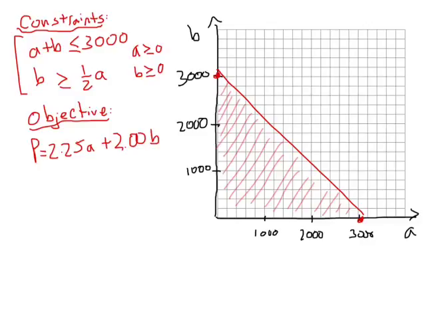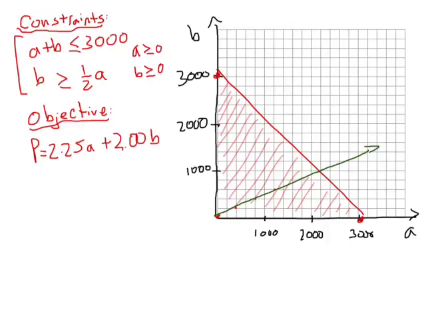All right. So we have this line B equals 1/2 A. Since B is like our Y value, A is like our X value, this is going to be a line with a slope of 1/2, and a y-intercept of 0. It's going to look like this. Okay, let's make that a different color. So let's go green.